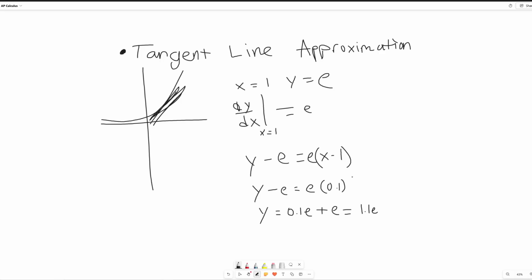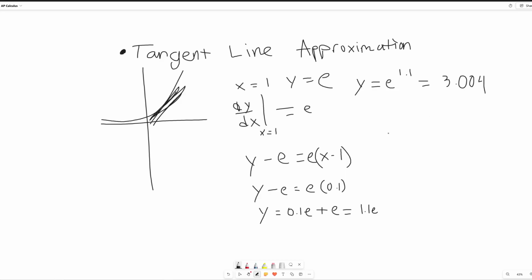Okay, now if you plug 1.1 into the original function, you get y equals e to the 1.1, which equals 3.004, I think.